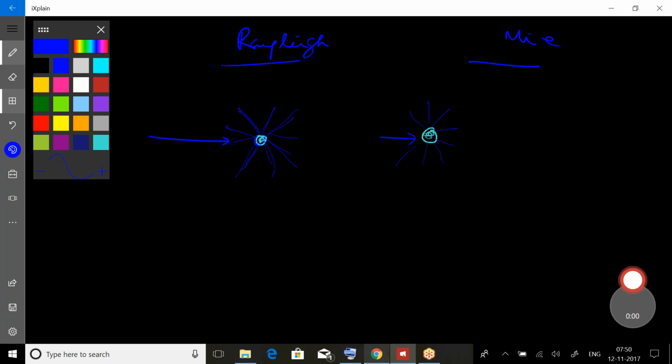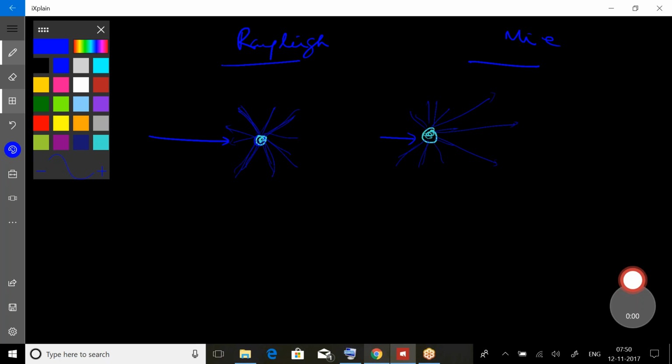Whereas in Mie scattering, where the particle size is larger than the wavelength of the light, the forward angle scatter is more predominant than the large angle scatters. However, here the large angle scatters are equally predominant, if not more predominant, than the forward angle scatter. So this is basically the difference between Rayleigh scatter and Mie scatter.